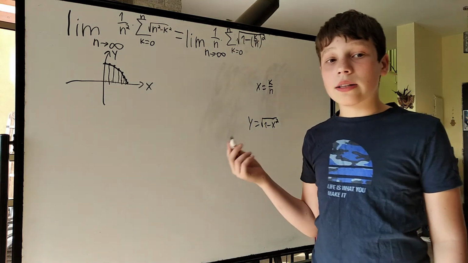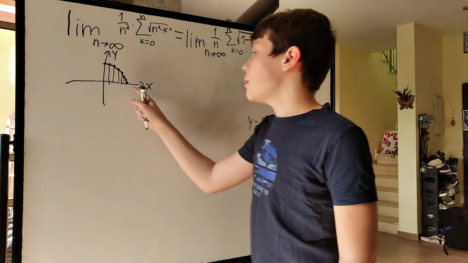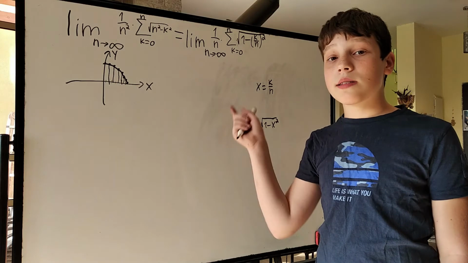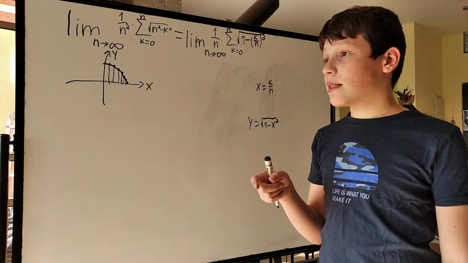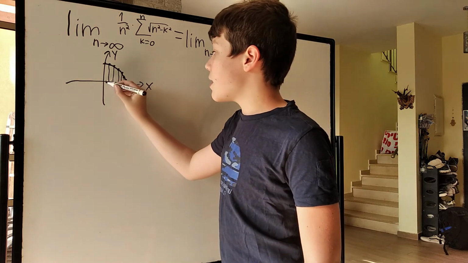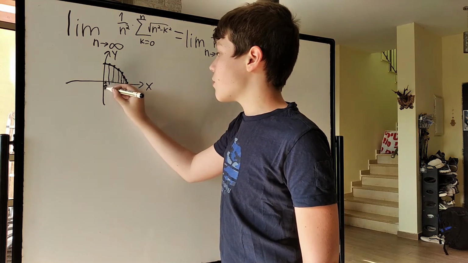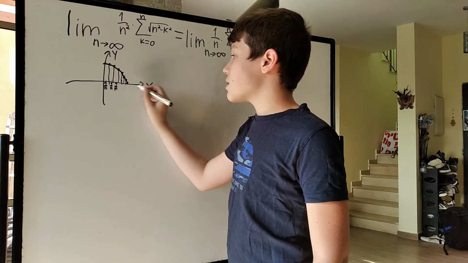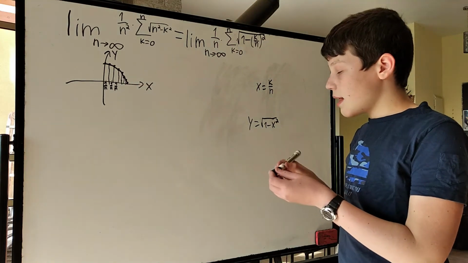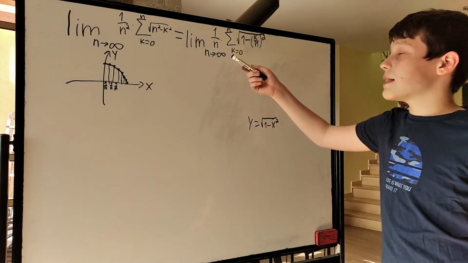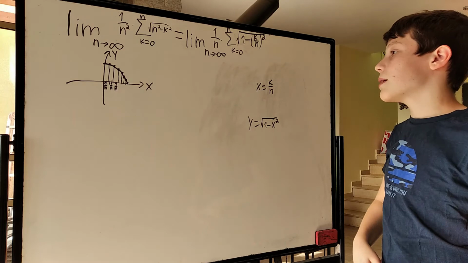And all these lengths add up to 1, the radius of the unit circle. And because there are n of them, it means that each one of these lengths is 1 over n. So this is 1 over n, then this is 1 over n, and so on. And this is actually the exact 1 over n we have inside the limit.